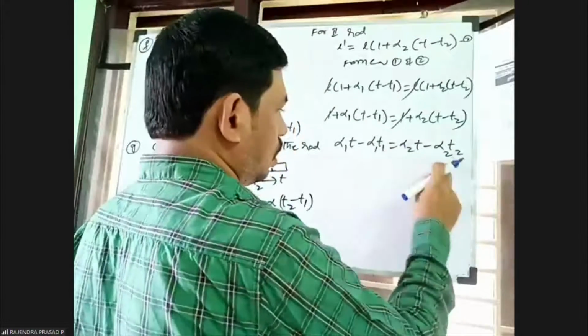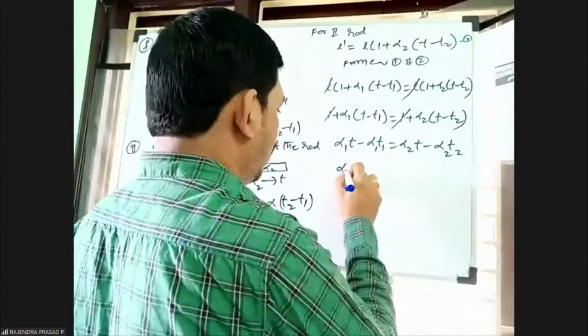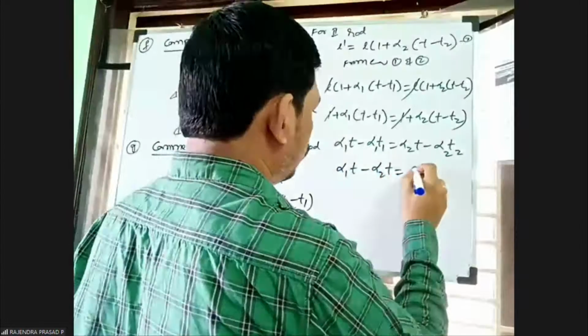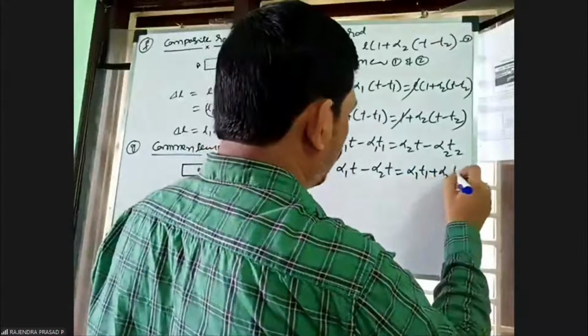So next, alpha 1 T minus alpha 2 T equals alpha 1 T1 minus alpha 2 T2.